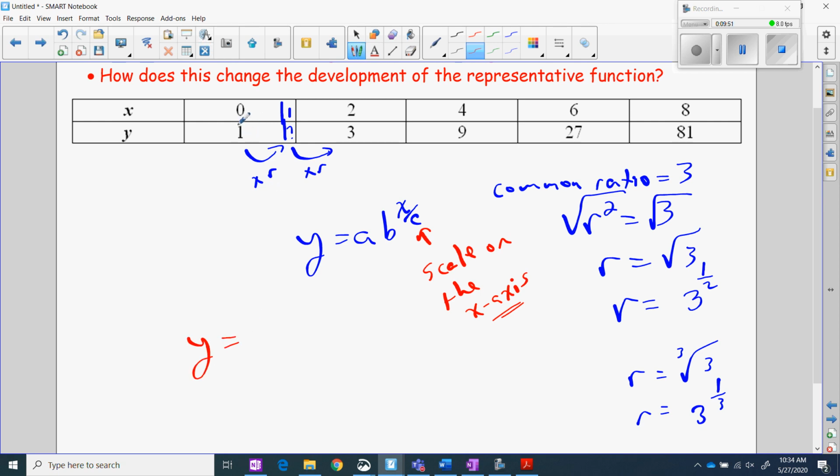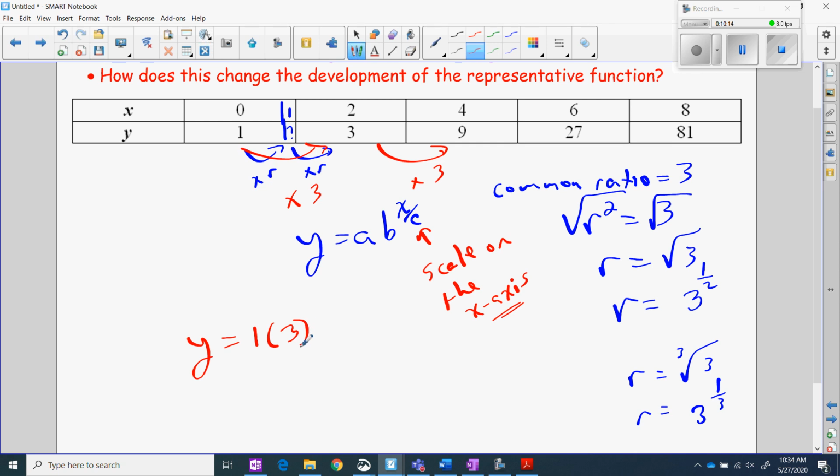Remember, a is your starting amount. So when you had nothing at 0, what was the starting amount? So there's my starting amount. The base, what are you multiplying by? Don't worry about this whole r squared bit anymore. I kind of explained over here. Just do it like normal. So you say from here to here, I'm multiplying by 3. Here to here, I'm multiplying by 3. That's going to be your base.